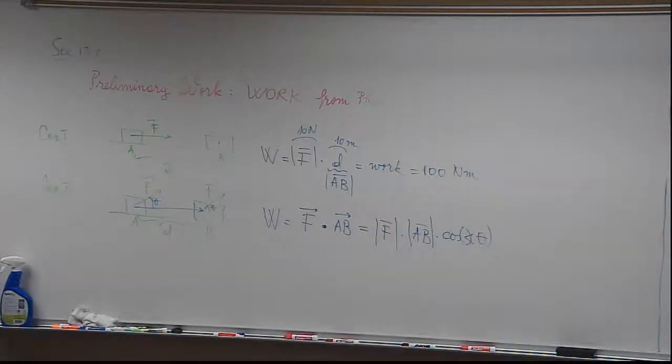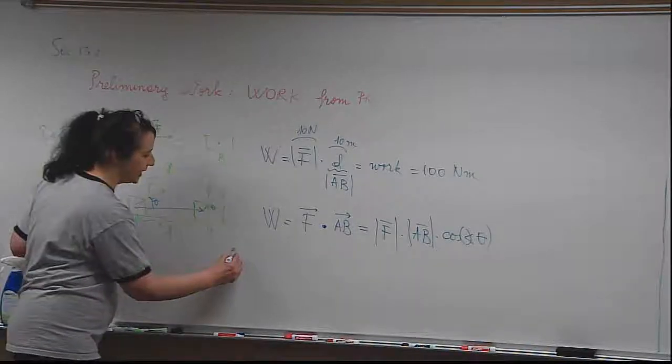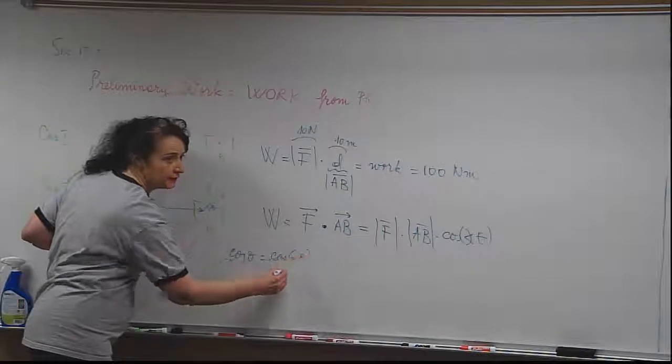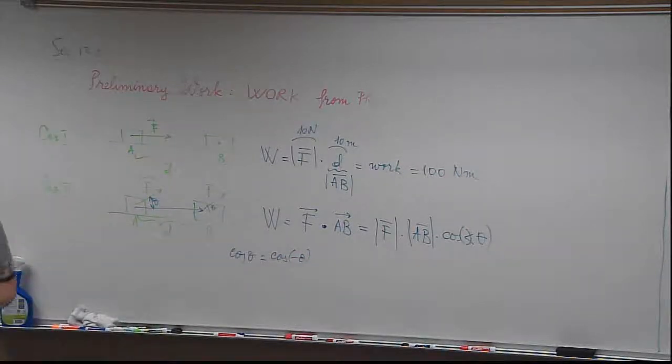It really doesn't matter in which direction I'm going, because cosine theta, thank God, is an even function, equal to cosine of minus theta, so whether I go this way or that way is the same cosine. All right, so the cosine of the angle between the two.